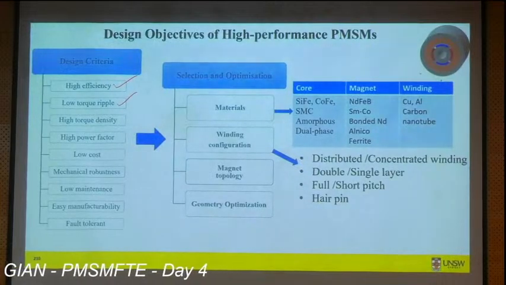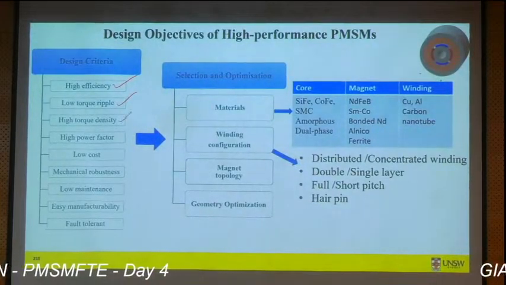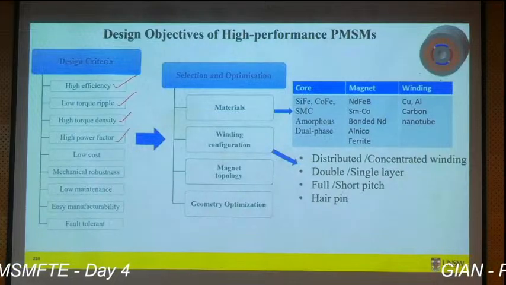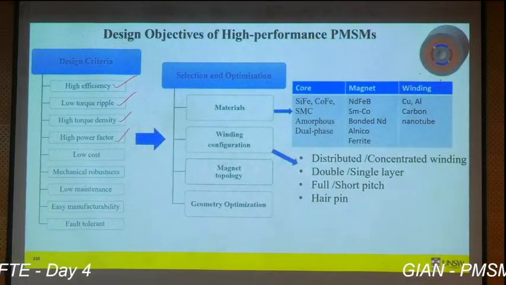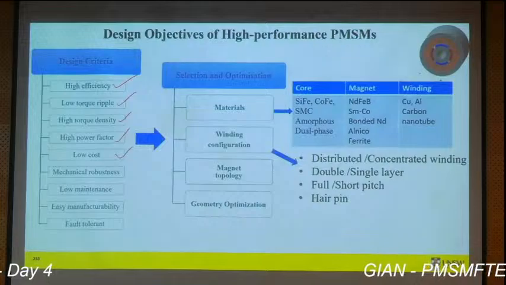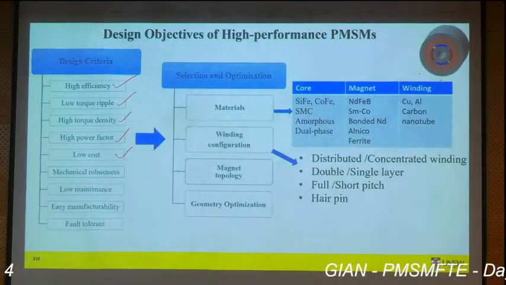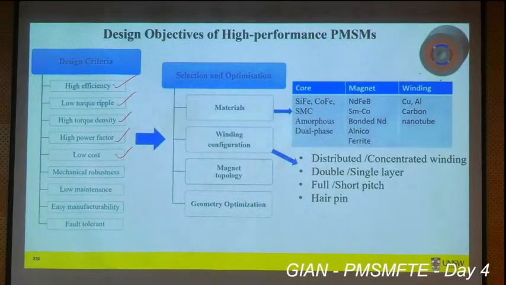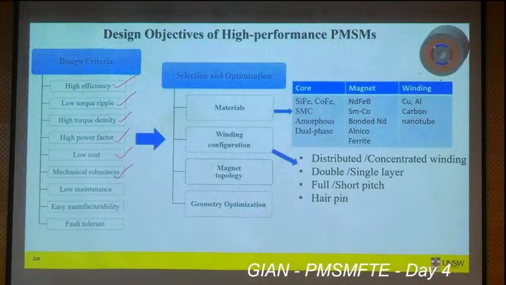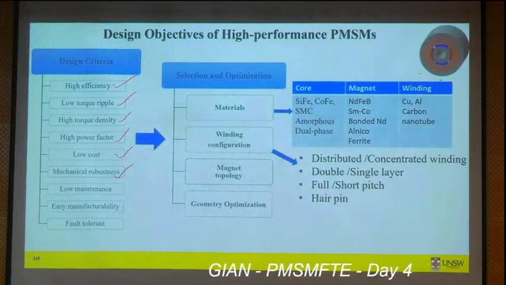And high torque density in size, high power factor, which will influence efficiency as well. Cost needs to be considered so that it's affordable, and it still needs to be robust enough mechanically.